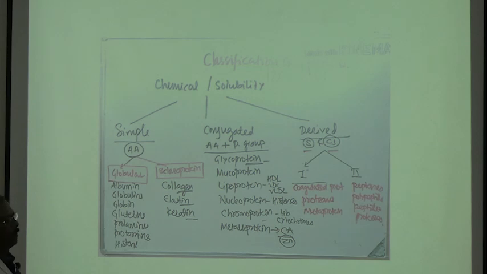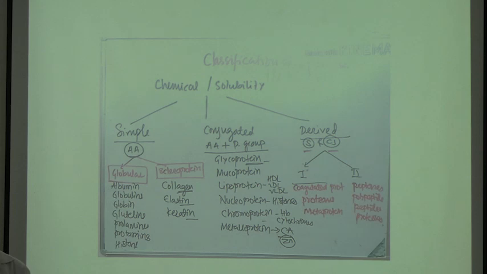Conjugated protein: when amino acid is attached with prosthetic group, they are called conjugated protein. When this prosthetic group is a carbohydrate moiety, they are called glycoprotein.